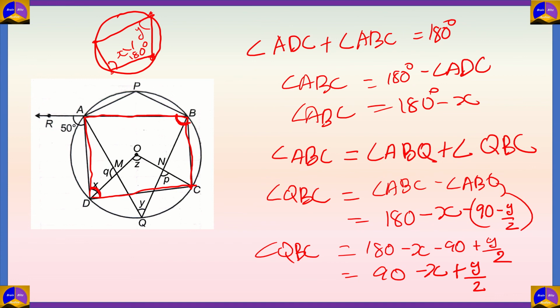Now we've looked at one pair of opposite angles of quadrilateral ABCD. Now let's look at the other pair of opposite angles, which is DAB and DCB. We found at the beginning that angle DAB is equal to 130 degrees.